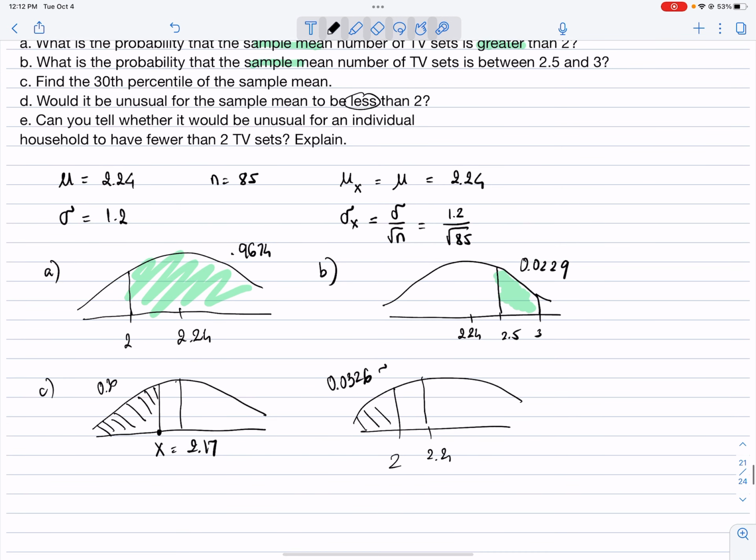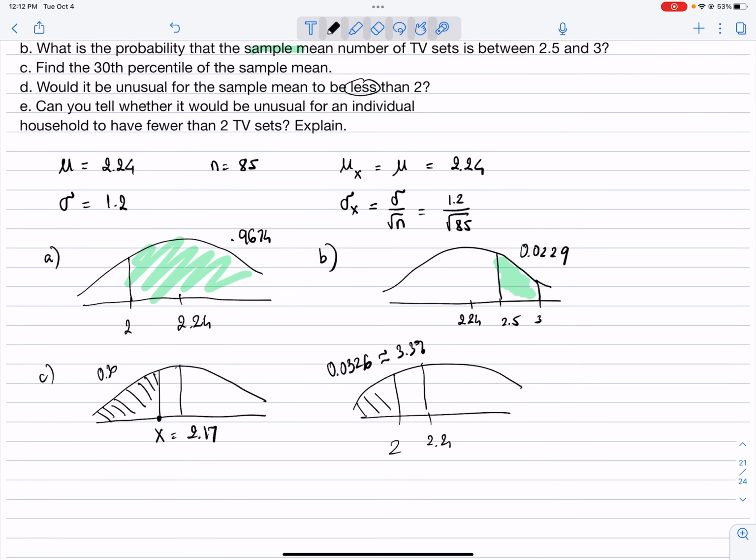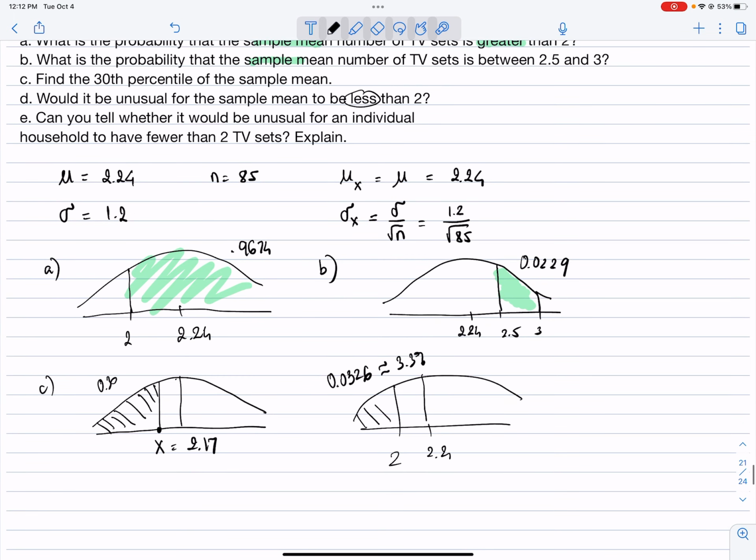So this is about 3.3%, and 3.3% is less than 5%. So we will answer that it is unusual.